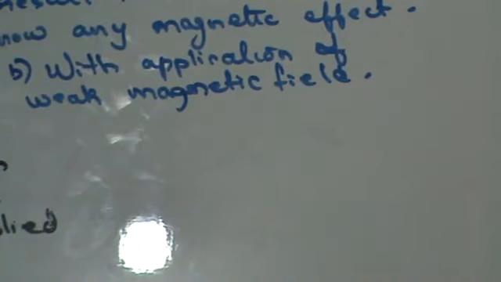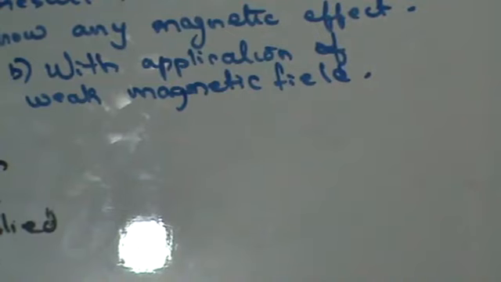Due to the applied weak magnetic field, the individual atomic magnets tend to align themselves parallel to the direction of the external magnetic field. All the magnetic moments in each domain will align themselves in the direction of the external magnetic field, and therefore the substance will acquire some magnetic effect. Fine, do we get this clear?